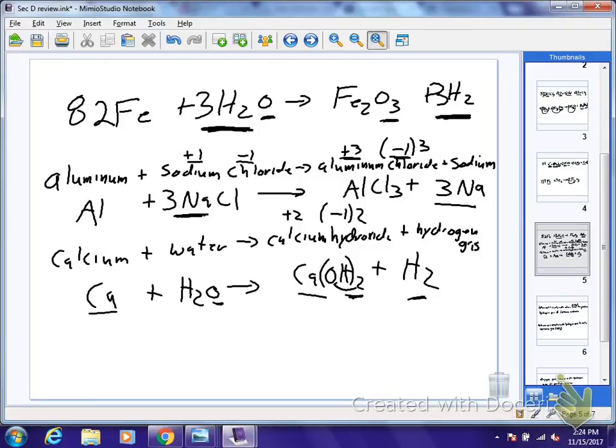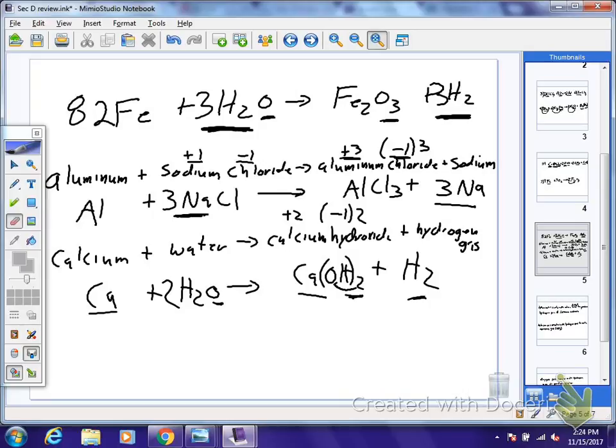This goes with that one. So there's 2. So you'll put a 2 in front of H2, and then you find out with this one, the hydrogens do balance out. So that's the nice thing about this. So we realize that the hydrogens will balance out when we take a look at this example. Okay, so that would be balanced.